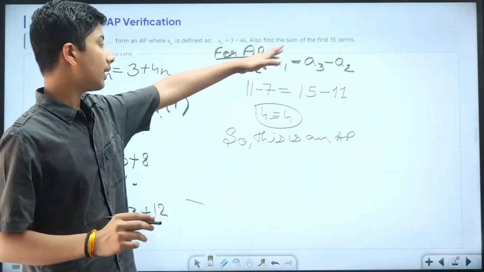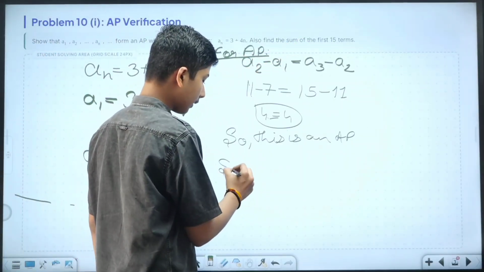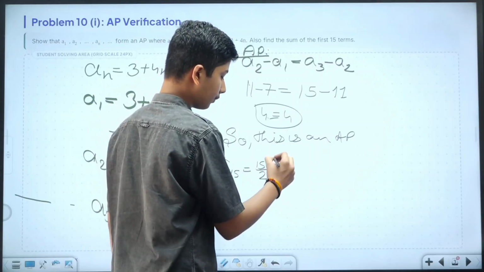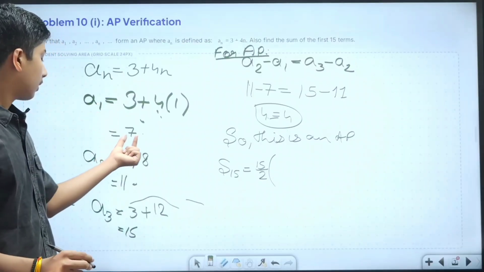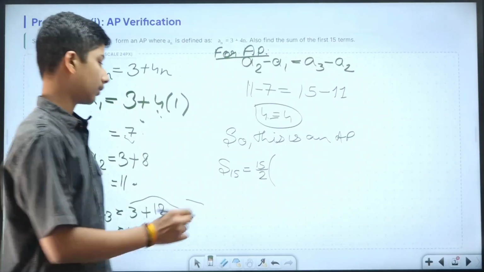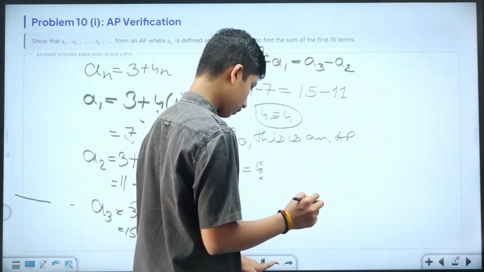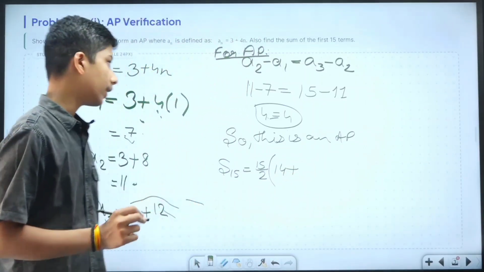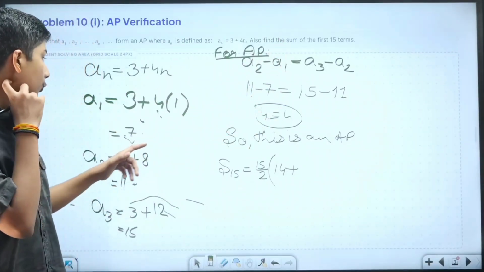And now we'll find out the sum of first 15 terms. So S15 equals 15 by 2 into 2a plus n minus 1 d. A is 7. 2 into 7, 14, plus n minus 1. N minus 1 means 15 minus 1, which is 14, into d.